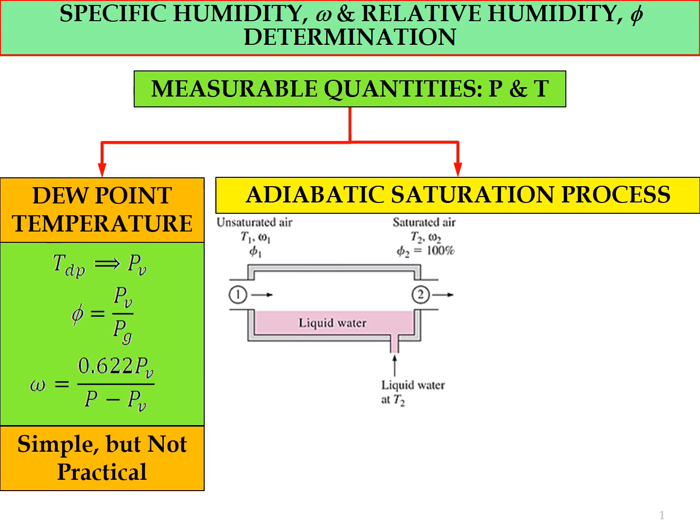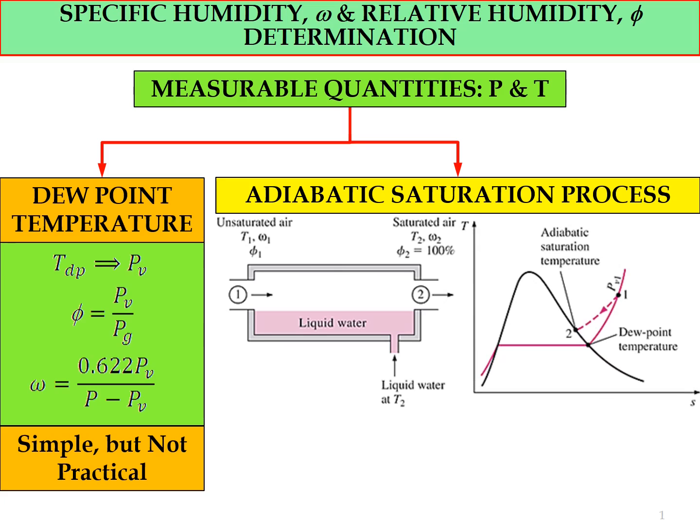And the outlet condition, state number 2, is known, where we need to make sure that the condition at the outlet must be saturated air, where the relative humidity psi 2 at the outlet is already determined, and the value must be 100%. The water level inside the adiabatic saturation process device must be constant.